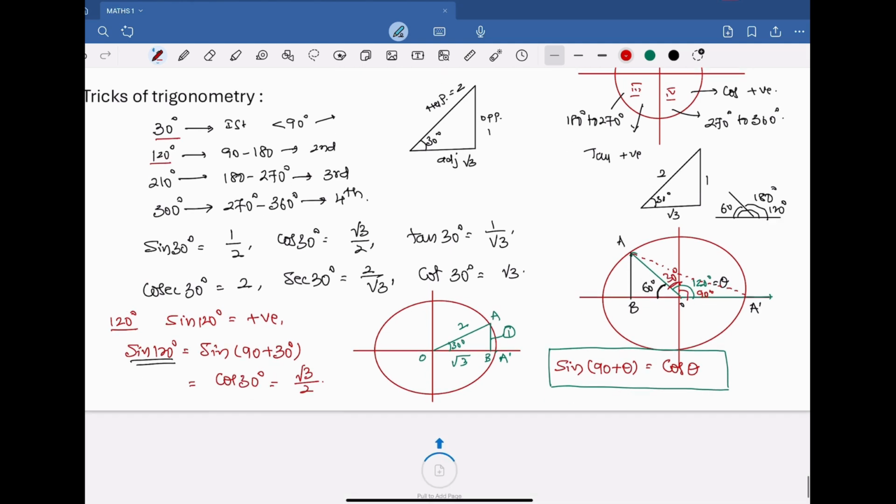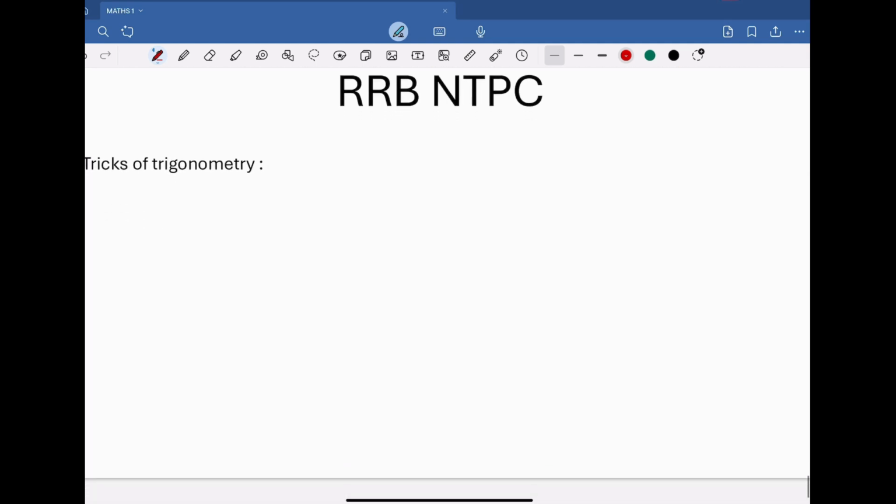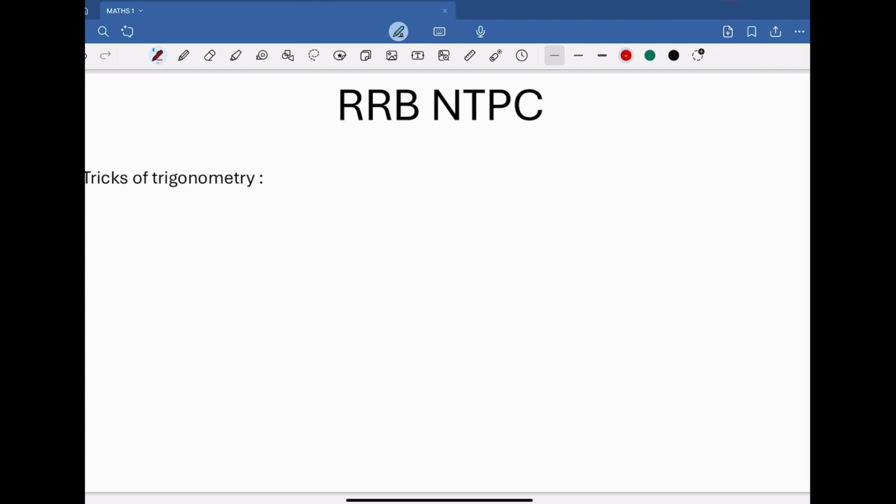Now we will go for cos 120. What happens to cos 120? Cos 120 is cos 90 plus theta. Sorry, not theta, it is 30. Theta is 30.